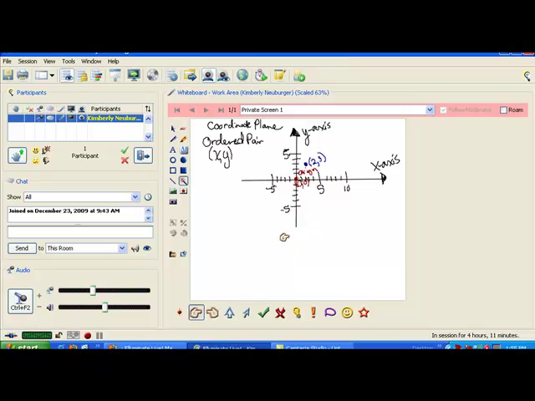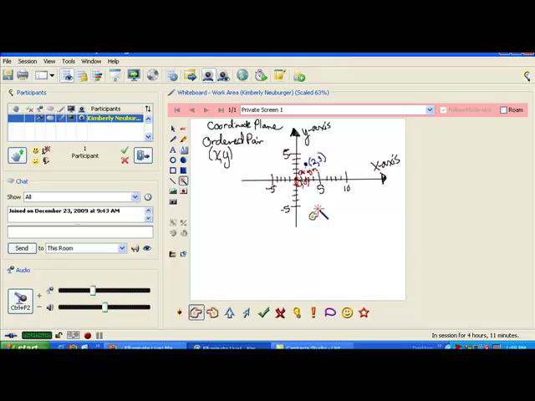So if you look at all the values over here in this section of the coordinate plane, all of the values here will have a positive x and a positive y. This section over here is called quadrant 1. You'll notice that the coordinate plane and these two axes divide the surface into 1, 2, 3, 4 sections.